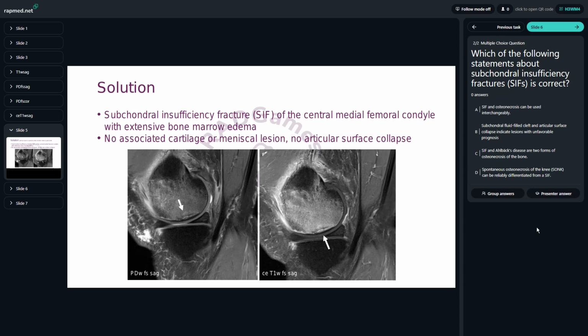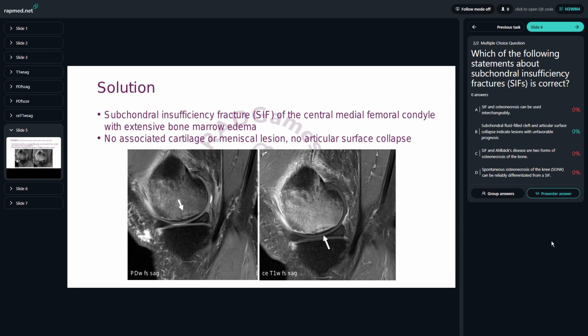Spontaneous osteonecrosis of the knee can reliably be differentiated from a subchondral insufficiency fracture. So which answers are correct? Well, a subchondral fluid-filled cleft and articular surface collapse indicate lesions with unfavorable prognosis is the correct answer.